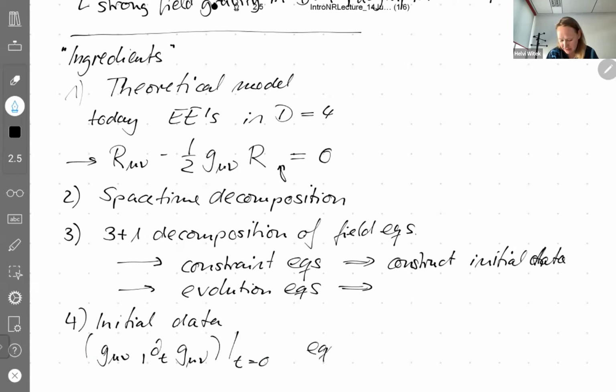Or equivalently, we will see the 3+1 language in a minute, this would correspond to prescribing a spatial three-dimensional metric and its momentum or extrinsic curvature at t equals 0. Then we also need to think about the formulation of the evolution equations.